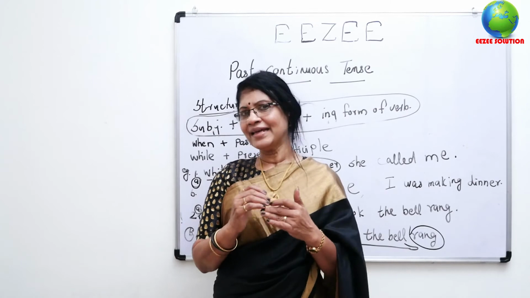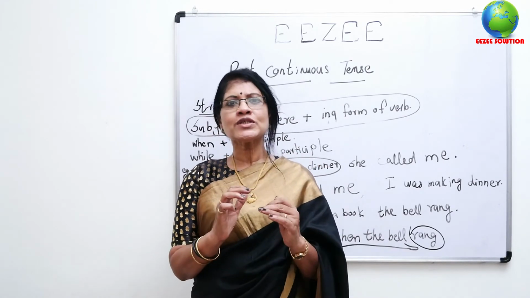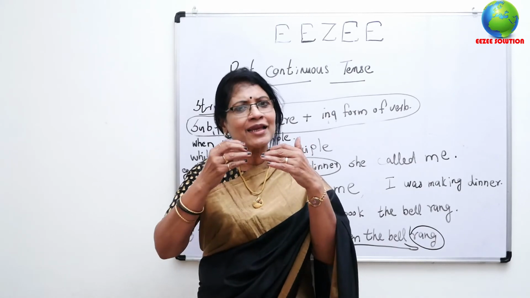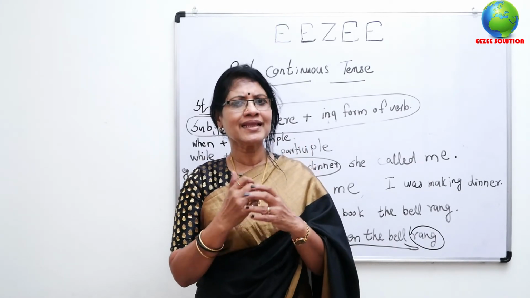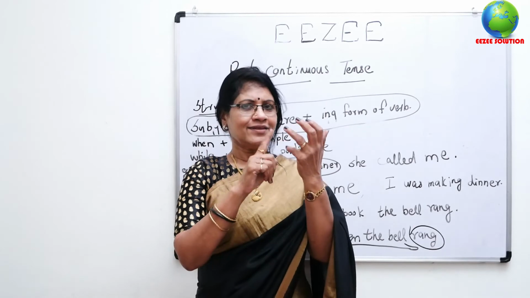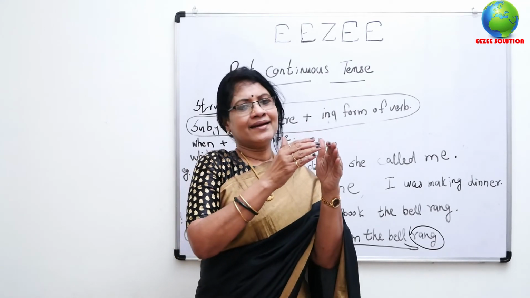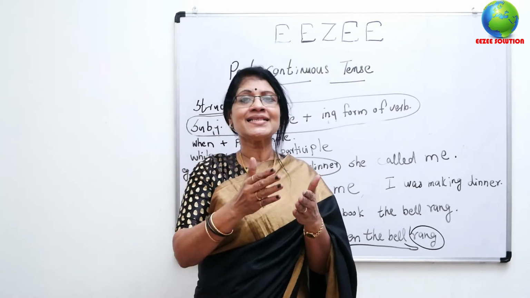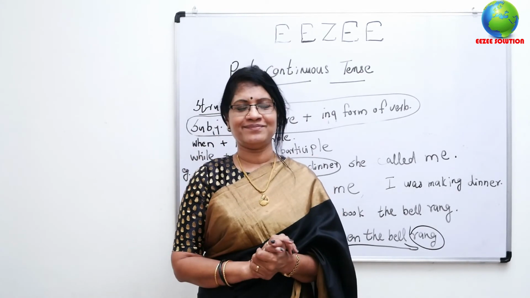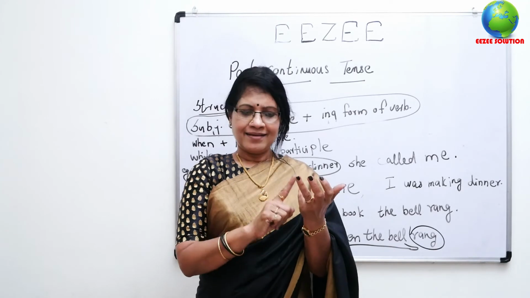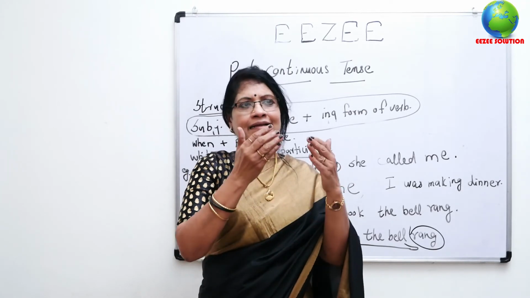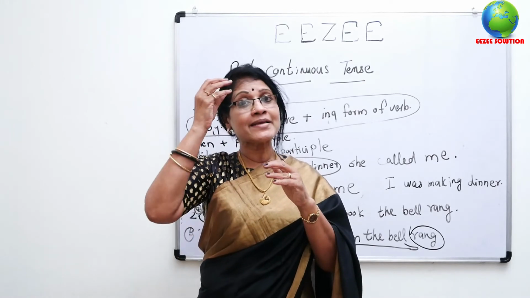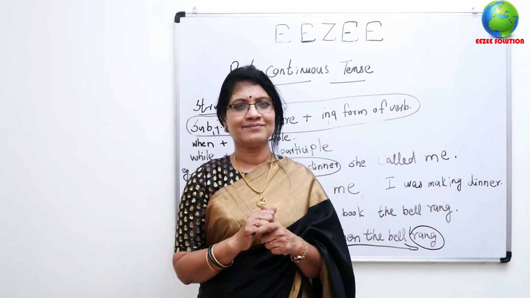So today we discussed three uses of past continuous tense. Let's have a review of those three uses. First one, it's used to describe an action which is interrupted by another action. Second one, used to describe an action at a specific time in the past.